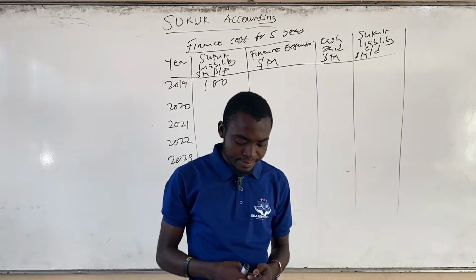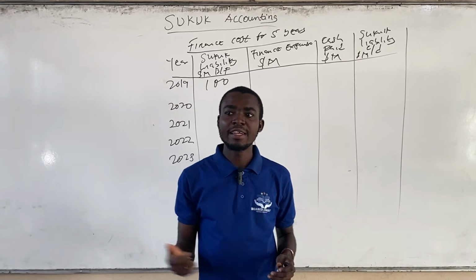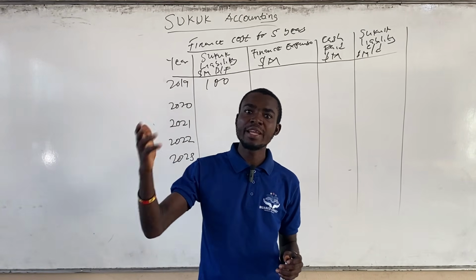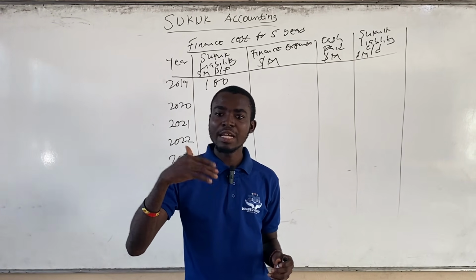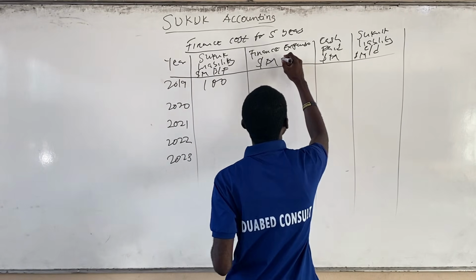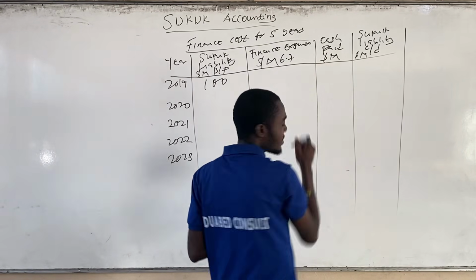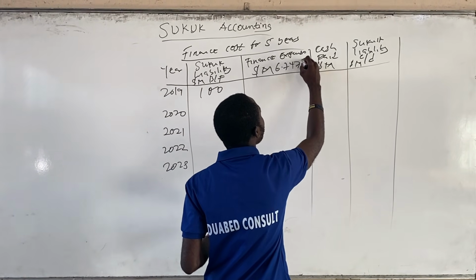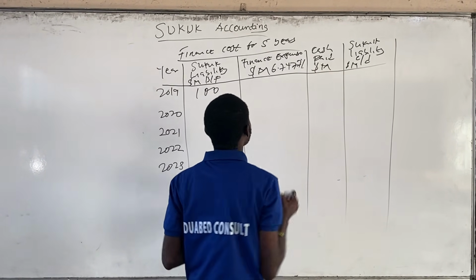From the question, the internal rate of return, that's the rate of interest that the originator will be paying, was given to us as 6.7477%.